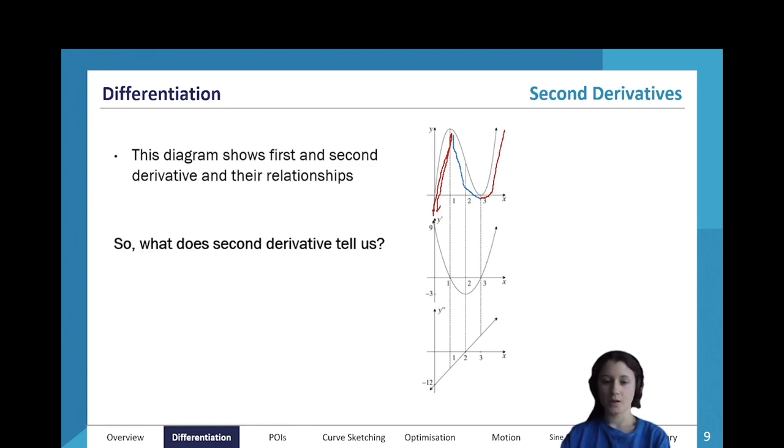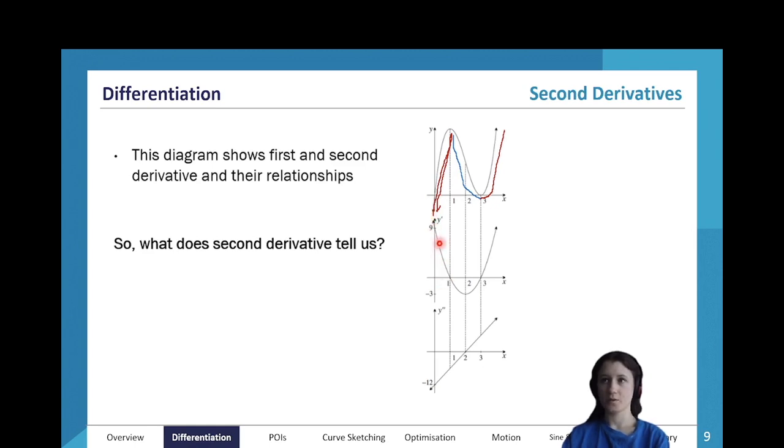So, let's go now and look at our first derivative, and see what patterns we notice. When we have our red curve, so we'll just look at this part, when we have a positive gradient here, our first derivative is above the x-axis.